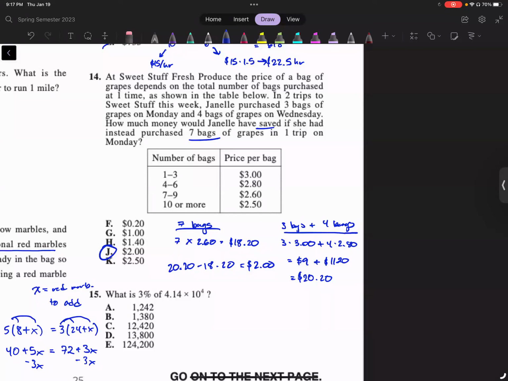The biggest thing here is to understand that you want to change the top and the bottom number. We don't know that number, so let's call it X, the number of red marbles we're going to add. We write 8 plus X over 24 plus X, and we want it to equal 3/5.